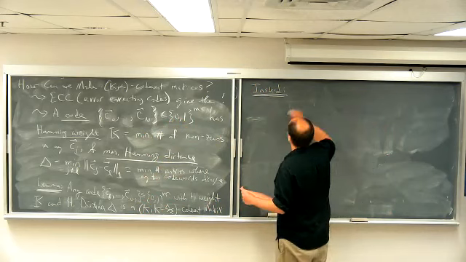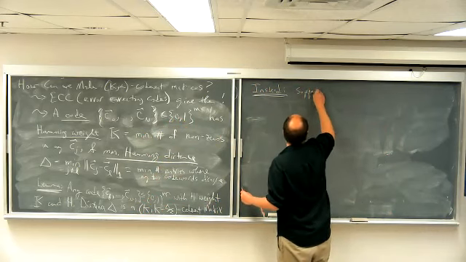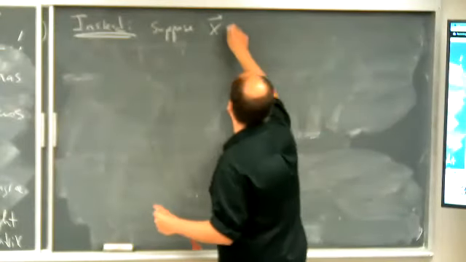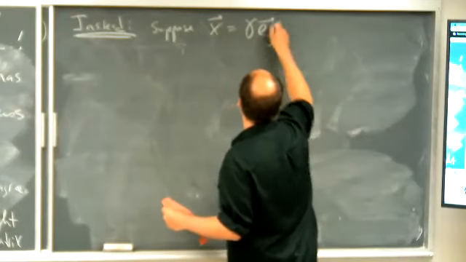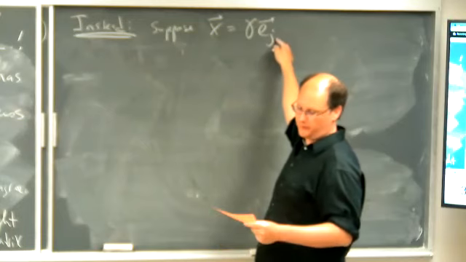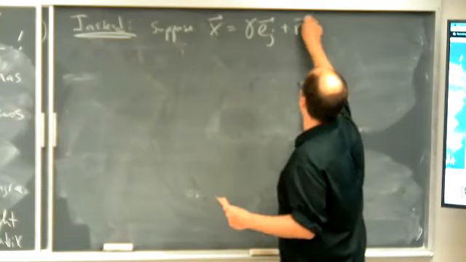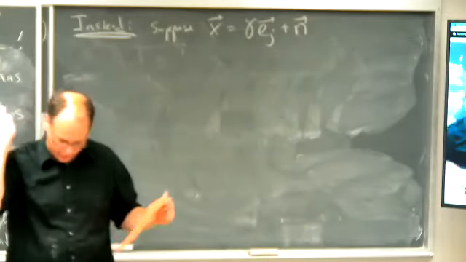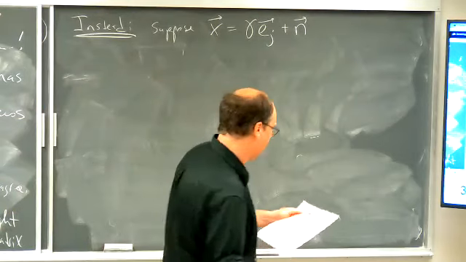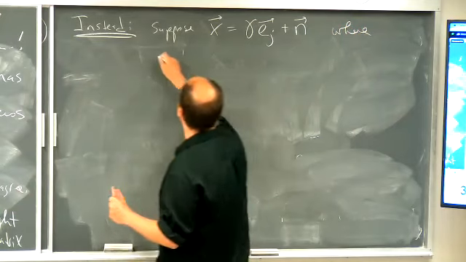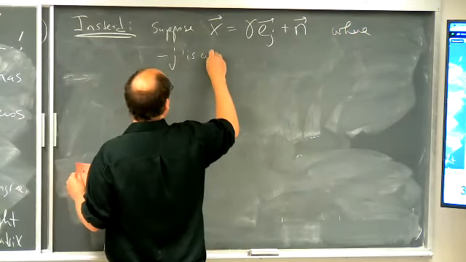So instead, suppose that for some reason your signal, or maybe some modified version of your vector, looks like a canonical basis vector e_J, where you don't know J, times some number gamma. So this is what we had before, but now we allow an arbitrary other junk to be added on there as well. And J is unknown.